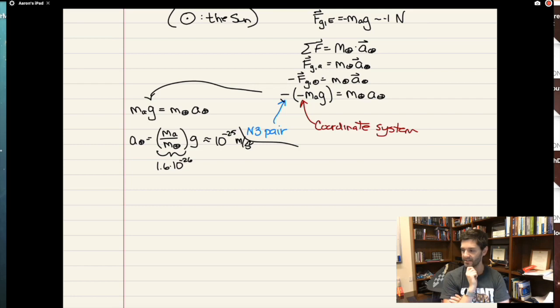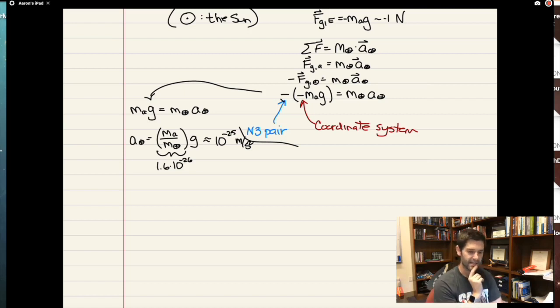What can a body detect? A body can probably detect something along the lines of 1,000th of a g, so 10 to the minus 2 times g, not 10 to the minus 26 times g. I think the record for the lowest accelerations detected in a laboratory is something like 10 to the minus 15 g.